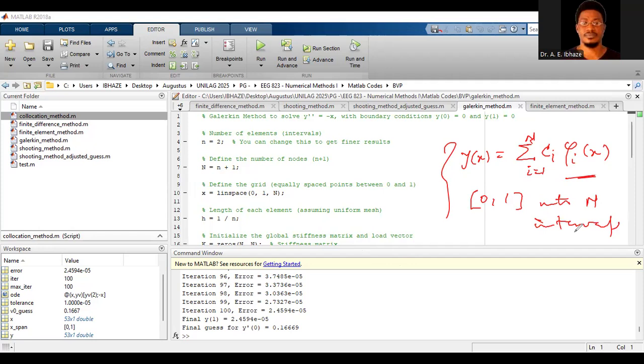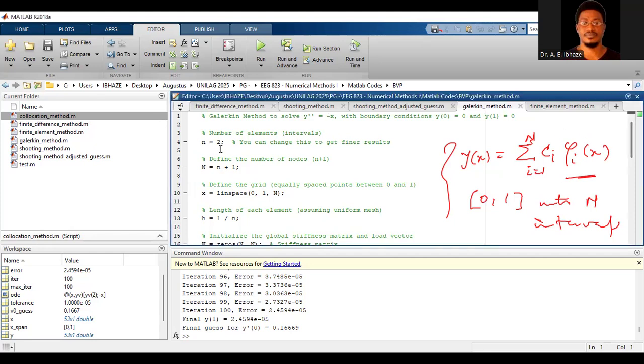Afterwards, we formulate the weak form, then assemble the system of equations and then solve. In the same way, we have n being the same as 2. And just like I mentioned earlier, the higher the time step or point, the more accurate the approximation.